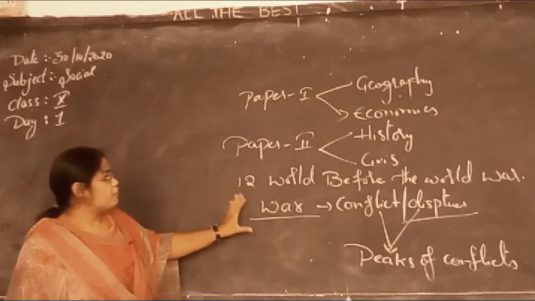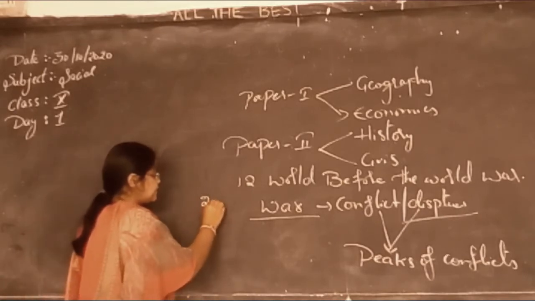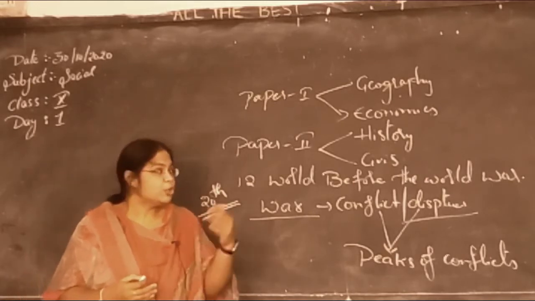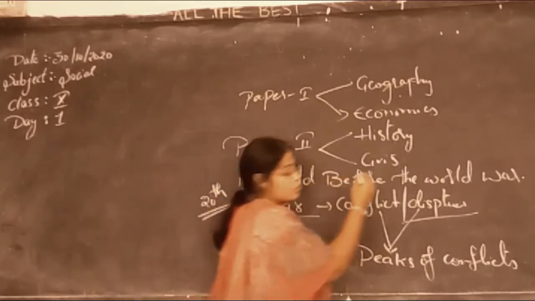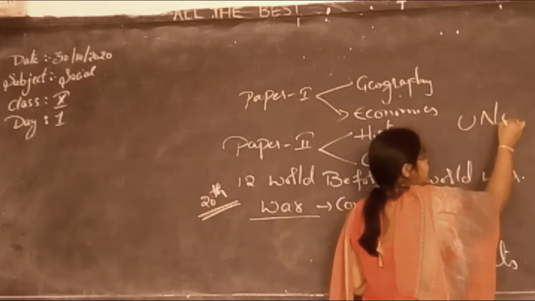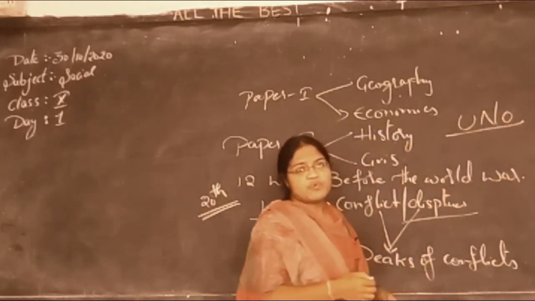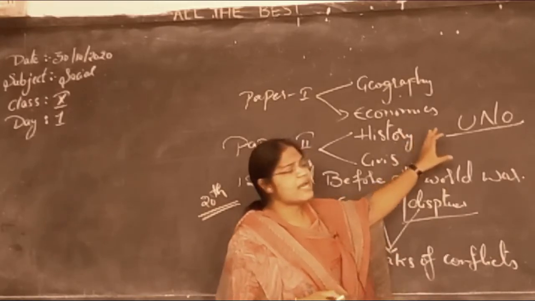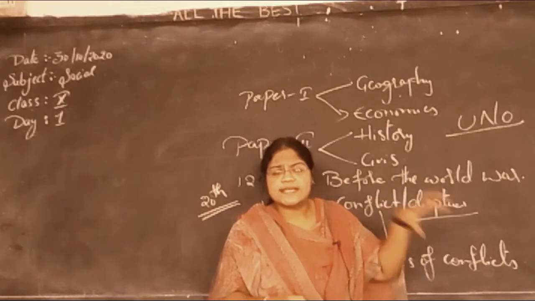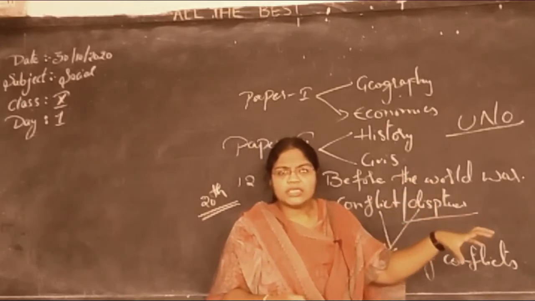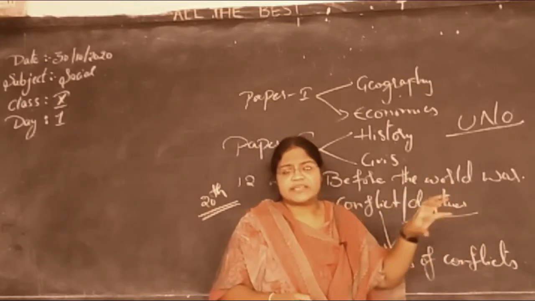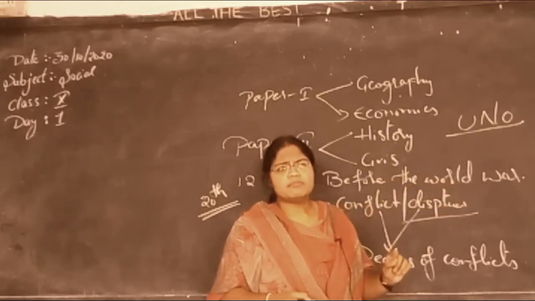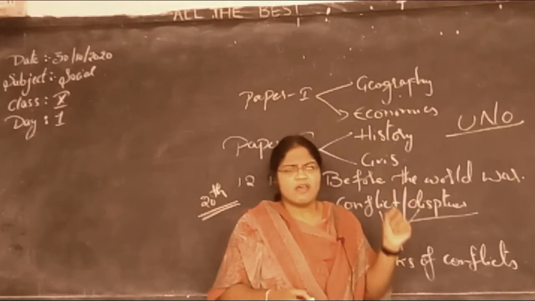So, in this chapter we are going to study the 20th century, and how wars happened in the 20th century. You know UNO. Yes, you know about the UNO. What does UNO stand for? United Nations Organization. Why is this organization necessary? It is necessary in order to control conflicts and to solve diplomatic problems, which means simple issues, very simple issues.